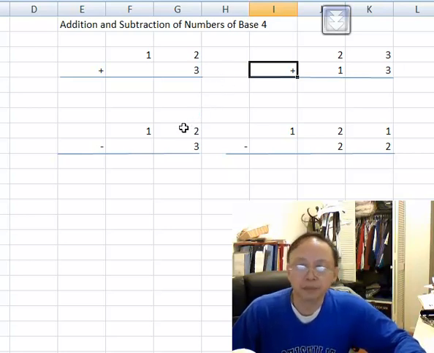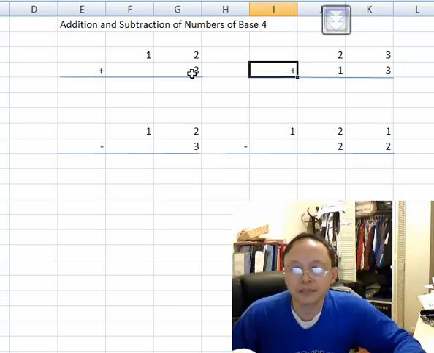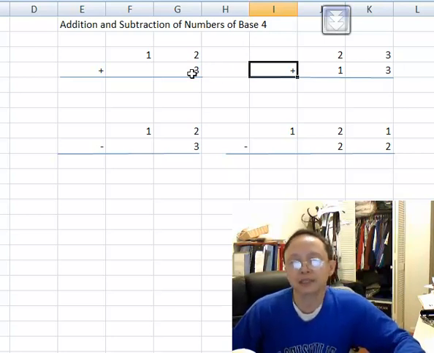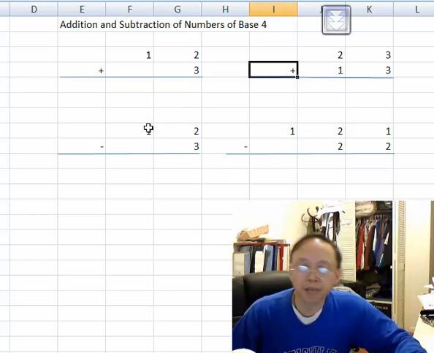And if we borrow 1 from left-hand side digits, we will get 10. But in the number of base 4 addition subtraction, if number is bigger than 4, we have the carry. If we borrow a digit from left-hand side, we get 4, we don't get 10. So be careful.